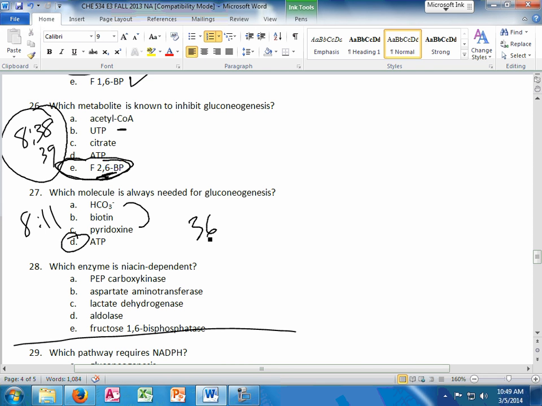Whether it be pyruvate carboxylase using ATP or glycerol kinase using ATP, it's always required. This is for the pyruvate, if it's going through pyruvate only, and this is if it's only an amino acid. Which enzyme is niacin dependent? Anything with a DH, so lactate dehydrogenase is going to be the answer there.